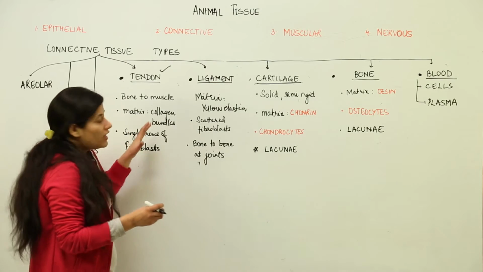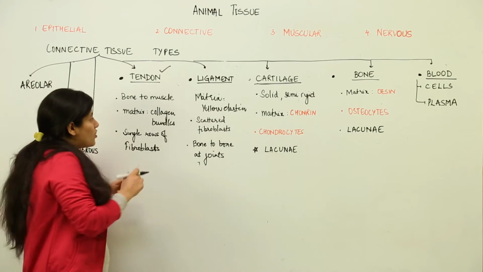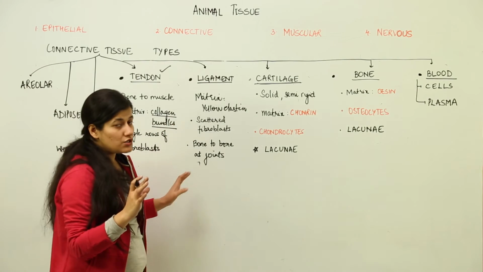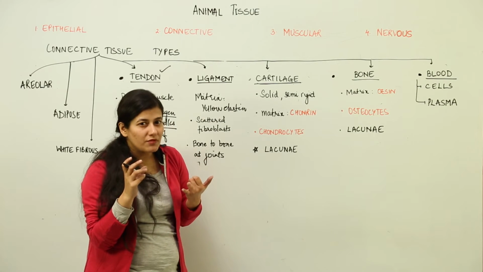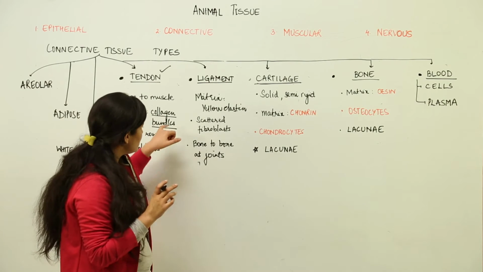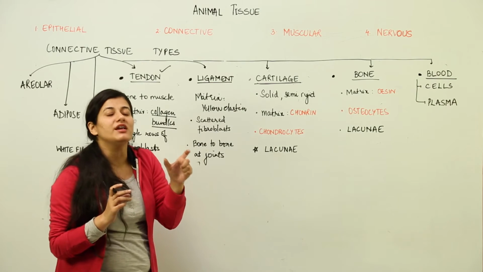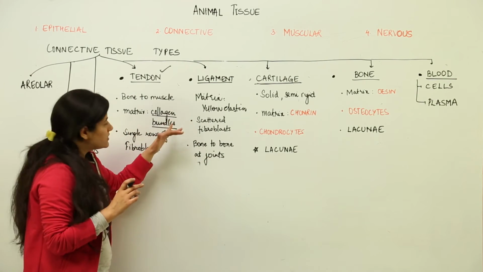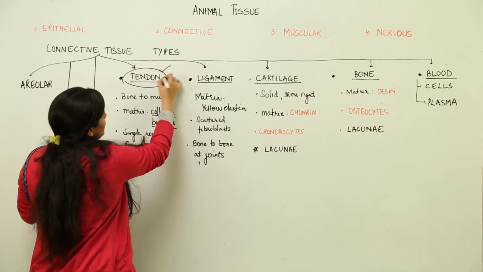What is a tendon? Tendon is an inextensible connective tissue. What is it made up of? It is made up of collagen bundles. Now what are collagen bundles? You have studied that collagen fiber is the immovable fiber. Basically it is the rigid fiber that is present in animals. So these collagen bundles, when arranged parallelly, provide a very dense matrix. So basically the collagen bundles with a dense matrix make this dense regular connective tissue.